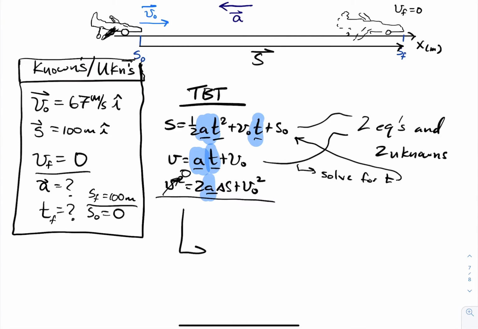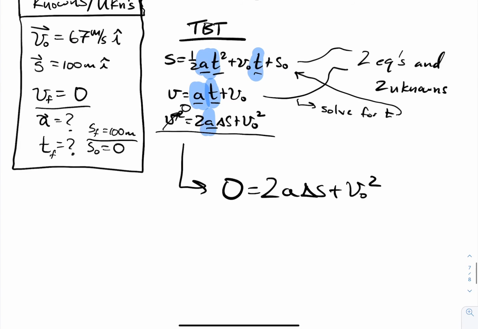So we've got 0 equals 2a delta s plus v sub o squared. And now we can solve for a. I'm going to subtract v sub o squared from both sides, and then divide both sides by 2 delta s. So we'll end up with a equals negative v sub o squared over 2 delta s.